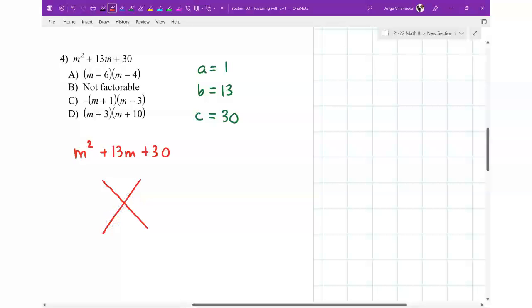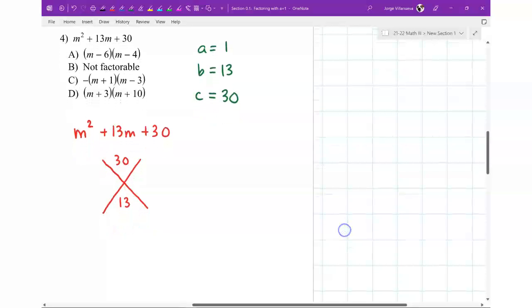On the top, I multiply A times C. So 1 times 30, that's going to be 30. And then my B term is 13. That goes on the bottom. Now, I got to think of two numbers that multiply to 30 and add up to 13. 10 and 3.